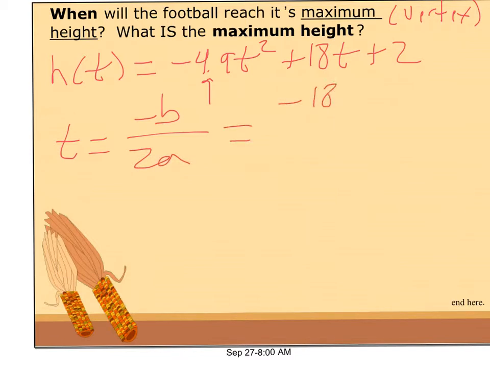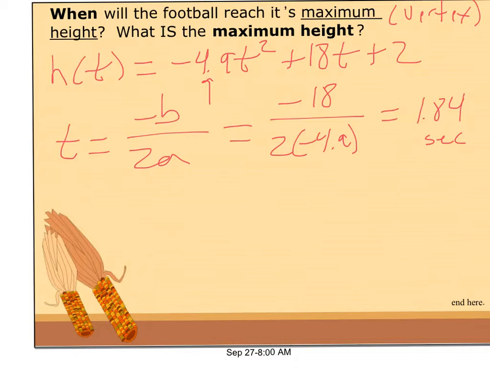So negative 18 over 2 times negative 4.9, which comes out to be about 1.84. This is a value for time, so that's going to be in seconds. That's how long it would take for the ball to reach its maximum point.